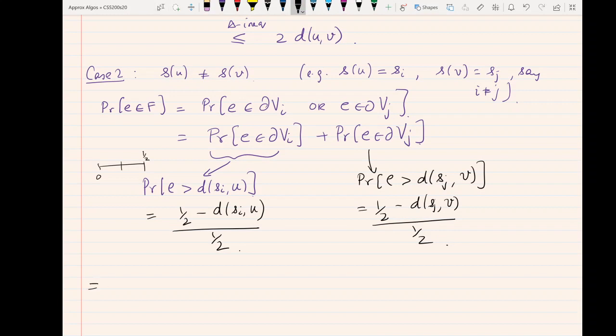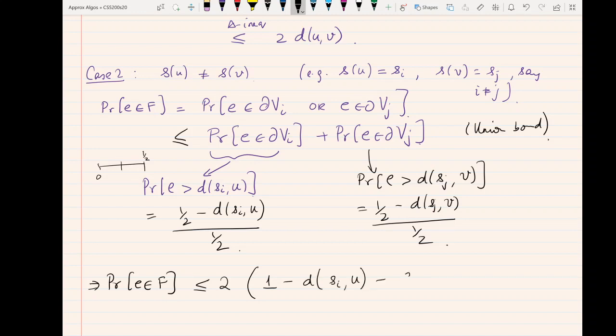The sum of these two, well, I should write this as an inequality by the union bound. So the probability that E is in F is less than or equal to 2 times one minus d of a comma u, d of a comma v.